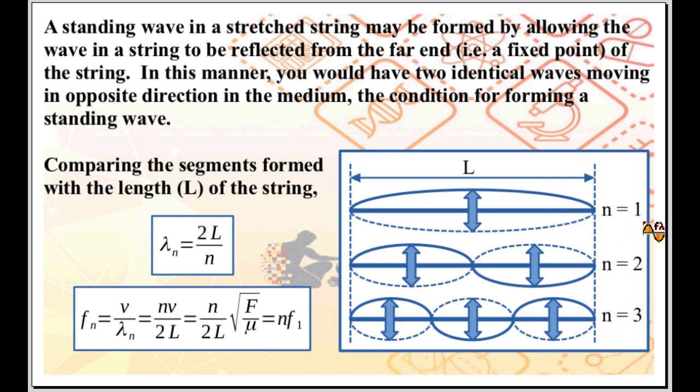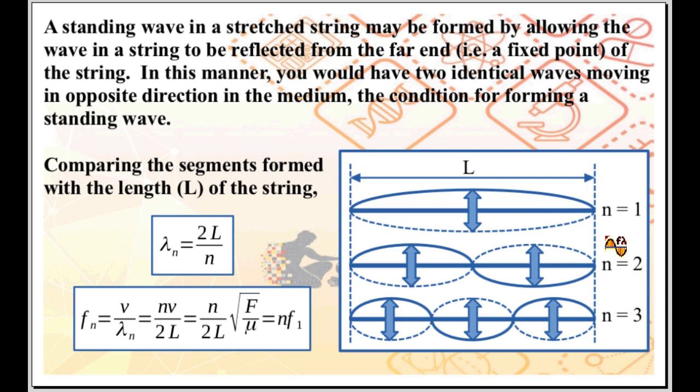If N is equal to 1, you have only one segment in the string. If N is equal to 2, you have two segments formed in the string. N is equal to 3, you have 1, 2, 3 segments formed in the string. So you have N is equal to 1, 2, 3, and so on. N is equal to a whole number or integer greater than 0.